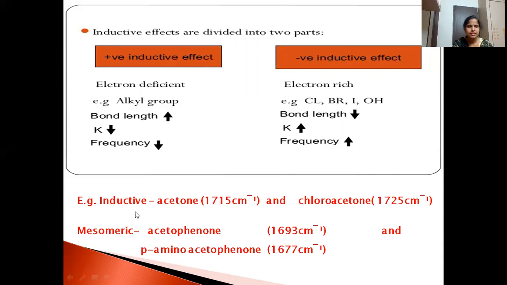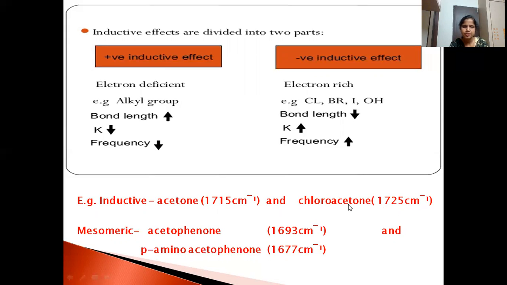You can see an example here, acetone. Acetone shows C=O stretching vibrations at 1715 cm⁻¹. Whereas in another example, chloroacetone, where we have chlorine at the alpha position, there is an increase in the C=O stretching vibrations.